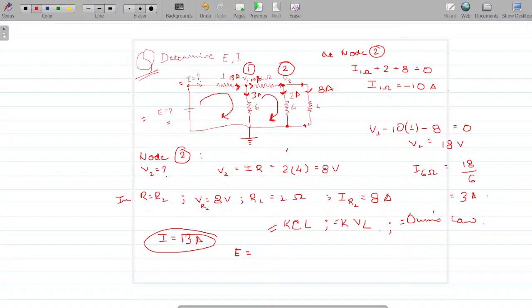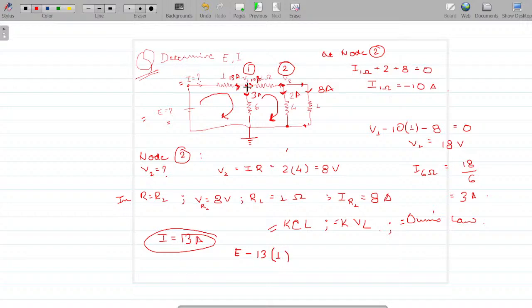Let's go by KVL. If you traverse from here to here, negative to positive, that would be positive E. In the direction of current, there is always a drop of potential. So what would we write? Minus, what is I here? 13 ampere, that is what we calculated. What was the resistance encountered by the current? 1 ohm.